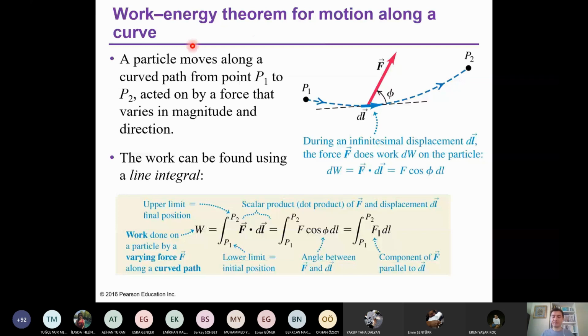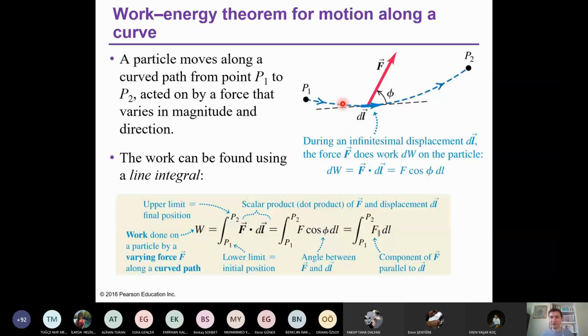During the first lecture on Tuesday and during the first part of this lecture, we have discussed the work energy theorem for motion along a straight line. But what about the work energy theorem for motion along a curve, like a curved path here?